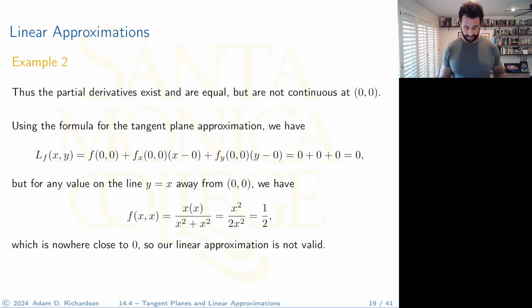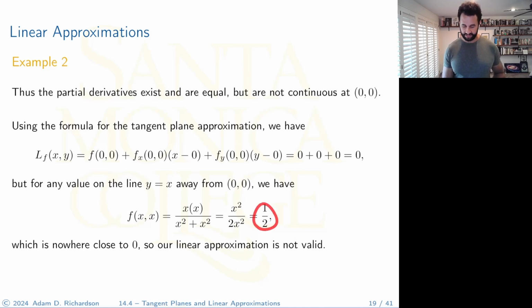Now check this out. Any value on the line y equals x away from the origin will actually have the value 1/2. So even if you are infinitely close to the origin, the output of your function is going to be 1/2. But we just found that the linearization should be 0.